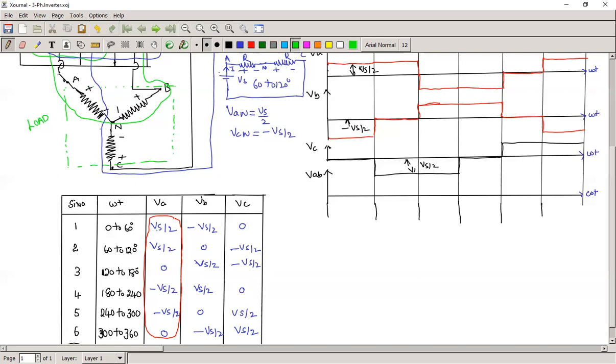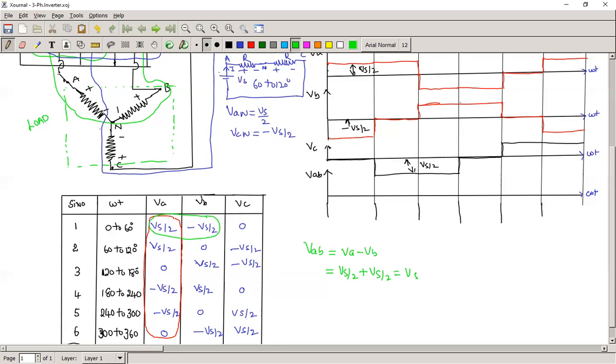To draw the VAB voltage, we consider every 60 degrees and these two magnitudes. VAB equals VA minus VB. So VA becomes Vs by 2 minus of minus Vs by 2, plus Vs by 2. This is equal to Vs.